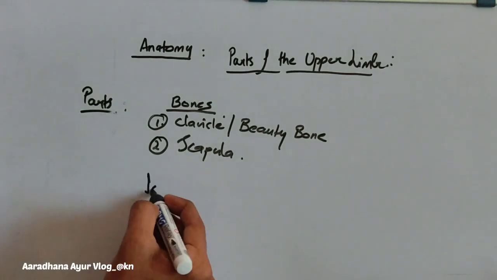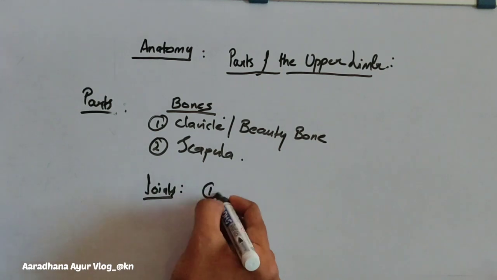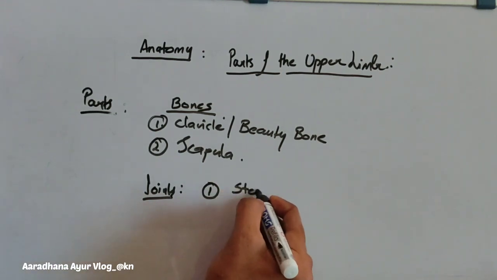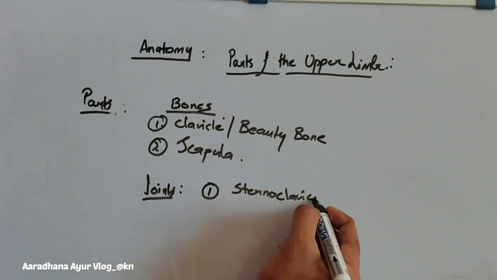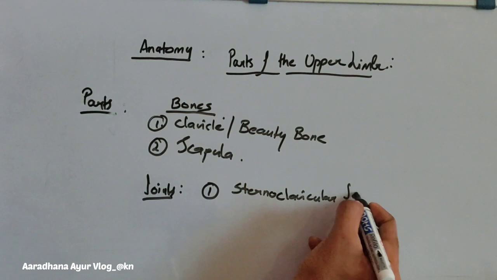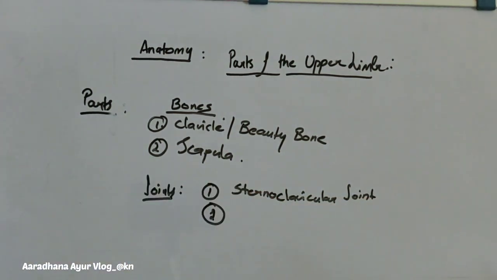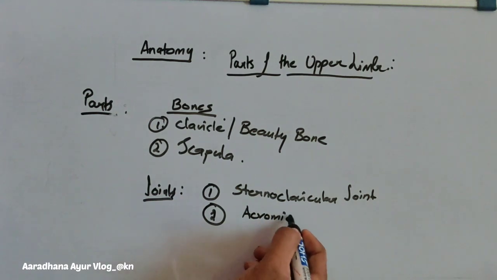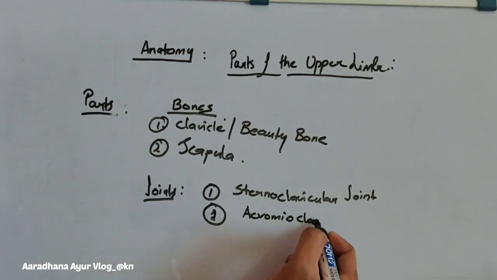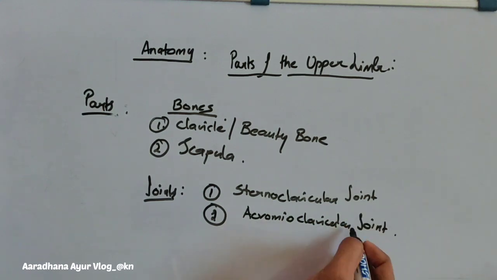And next are the joints. The first joint which comes in this region is the sternoclavicular joint. And one more is between the acromion process and the clavicle, that is the acromioclavicular joint.